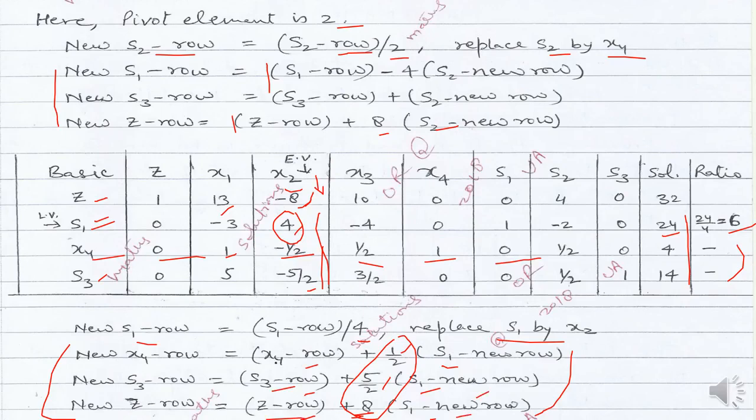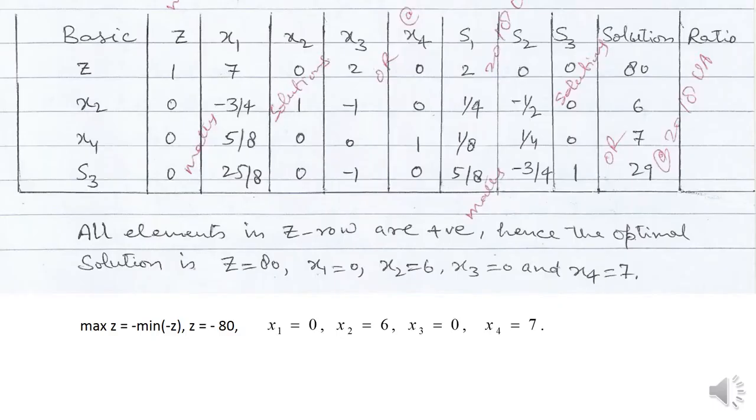So we use these formulas, and with the help of these formulas we will write the next table, this one. When we did that exercise, we used those formulas, we got this table, and as we did 2 elements in the previous table, same way we will solve this. We will check Z row.